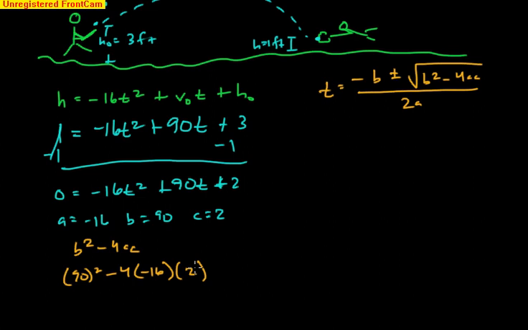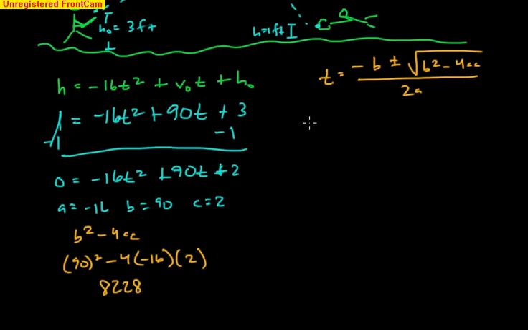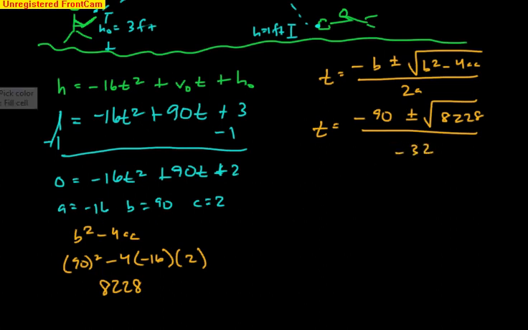And when you do this, you are going to get 8228. They are big numbers for these word problems. That's fine. So over here, t equals opposite of b. b is 90. The opposite of 90 is negative 90, plus or minus the square root. Your discriminant is 8228. And in the bottom, a is negative 16, double a, negative 32.